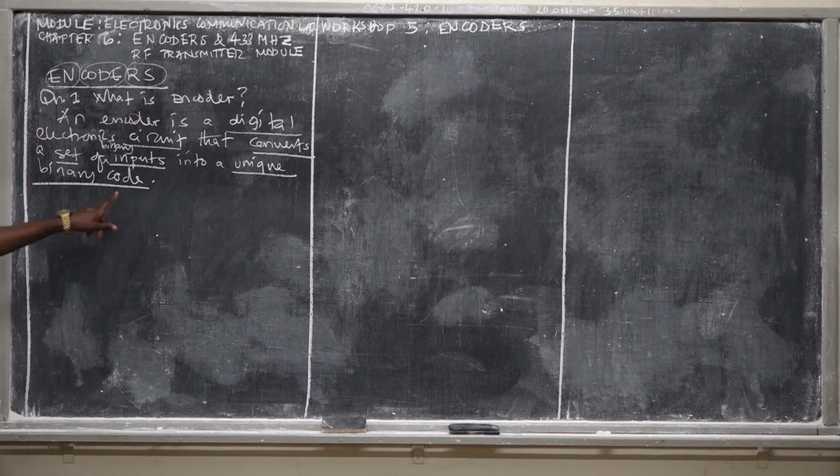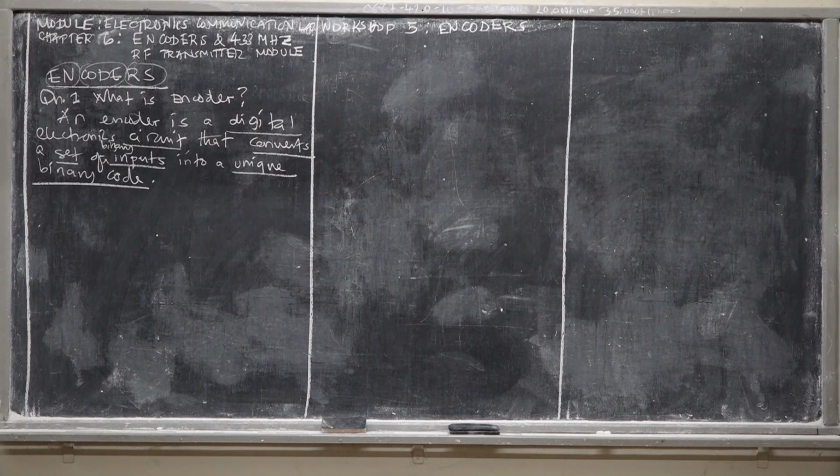You see the word code, and this word code is found here in the word encoder. So the encoder will have binary inputs supplied to it, but at the output we expect a unique binary code. Regardless of whether you have thousands or billions of codes, each code will be unique.